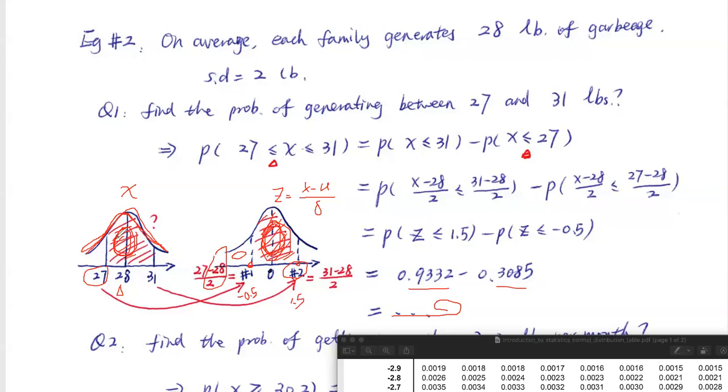That means that here should be also that. Let me write this down, should be 0.6247, I think. You can double check my calculation.